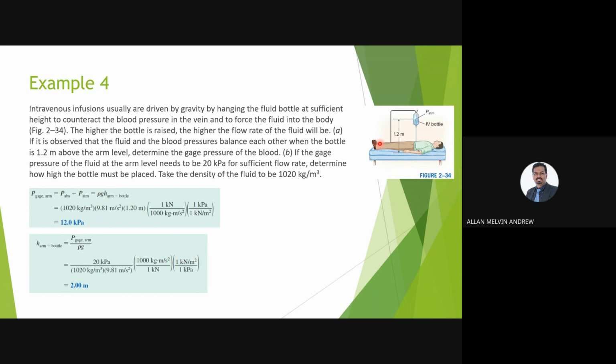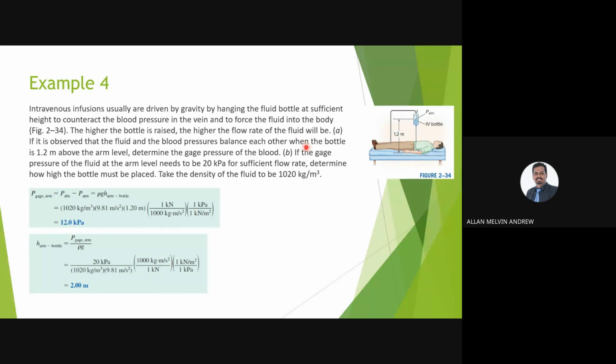That's also why during an operation they check the blood pressure. If the blood pressure is too high, they need to wait until it is reduced. If not, when they cut you open, the blood will splash everywhere. These are things that you can understand additionally.